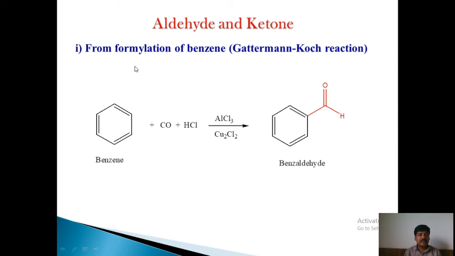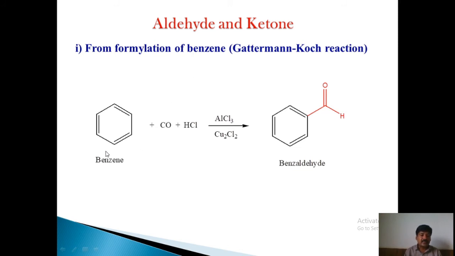Here we wrote formylation of benzene. What does that mean? Formyl means aldehyde group, that is CHO. Aldehyde group is also known as formyl group. It means the removal of this hydrogen by a formyl group, that is formylation of benzene.